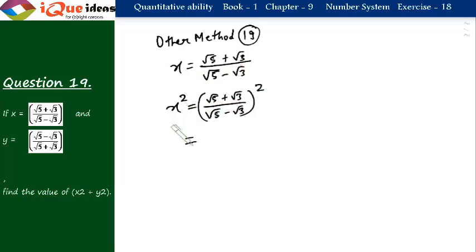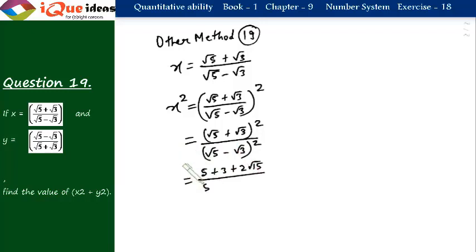So if you open it, it will become root 5 plus root 3 whole square divided by root 5 minus root 3 whole square, which will be equal to 5 plus 3 plus 2 root 15 and 5 plus 3 minus 2 root 15.